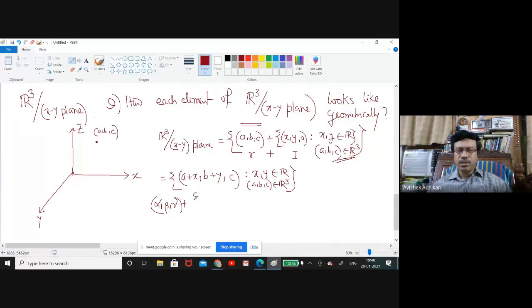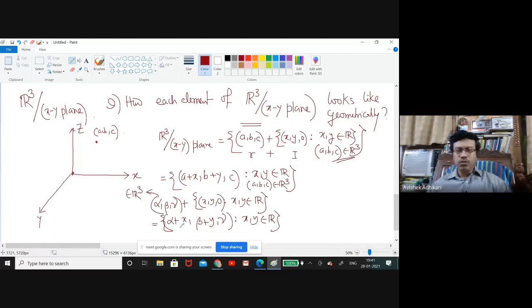That means (x, y, 0) such that x, y belongs to R. Clear? That means it should look like (alpha plus x, beta plus y, gamma) such that x, y belongs to R, where you can understand that this belongs to R3.